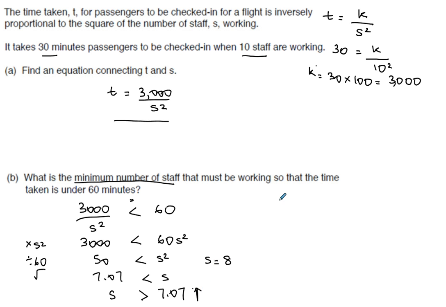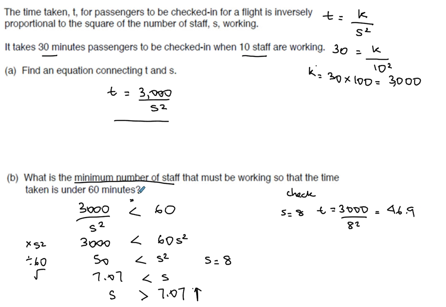Okay? Let's just check it now that we're not in an exam and we can actually check. But again, check it if you've got the time, if you've finished all the questions. So let's just check if S was 8. Then T would be 3,000 divided by 8 squared, which would give you 46.9.